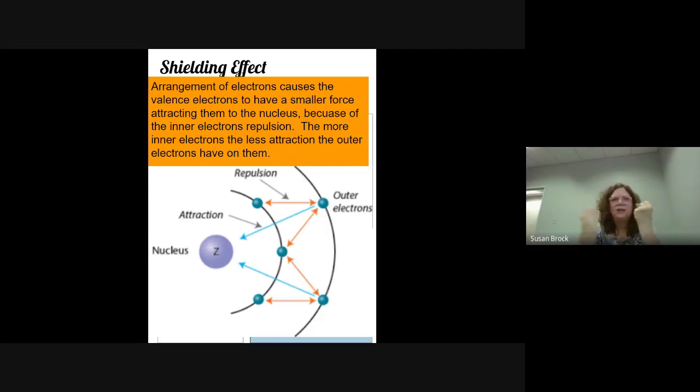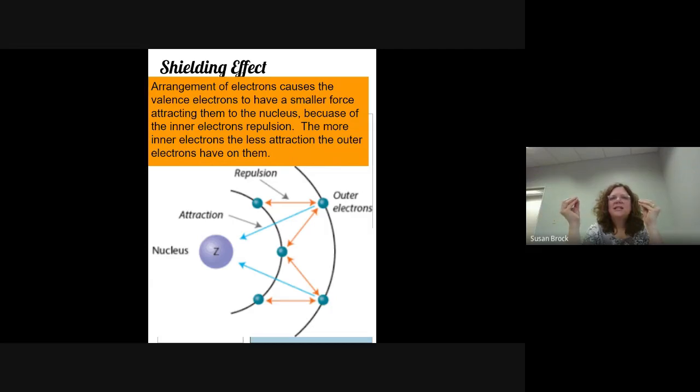Electrons are always moving. They are never still, always moving. So you've got inner electrons and outer electrons. So the electrons that get between the nucleus and the outer electrons do this shielding effect.